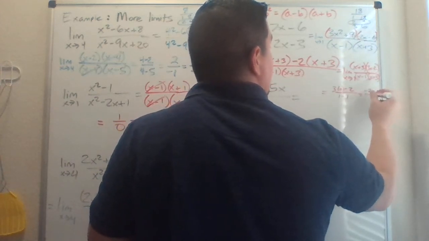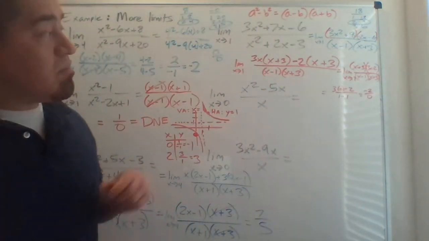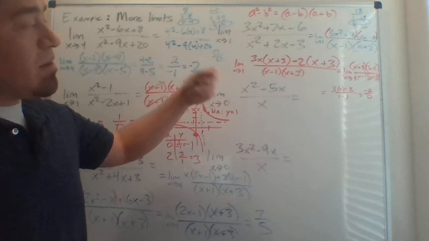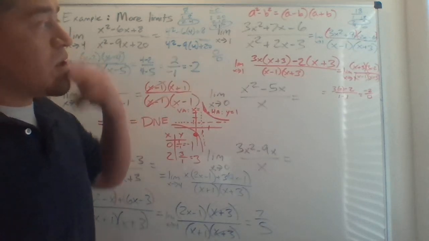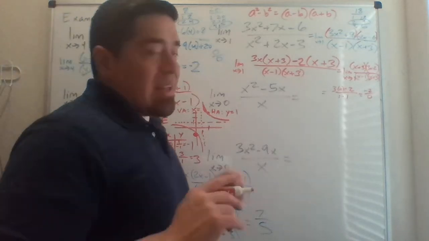So I end up with negative 2 over 0, which is a dead end in that sense, but in other words, we'll determine that this would be undefined. And it'll be a similar graph.